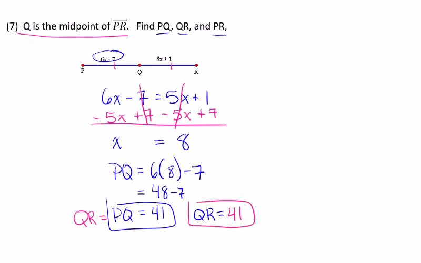And then PR, by the segment addition postulate, we know that PQ plus QR equals PR. So if we add these together, we get PR. That'd be 82. The other thing we could do is double 41, and that would give us 82.